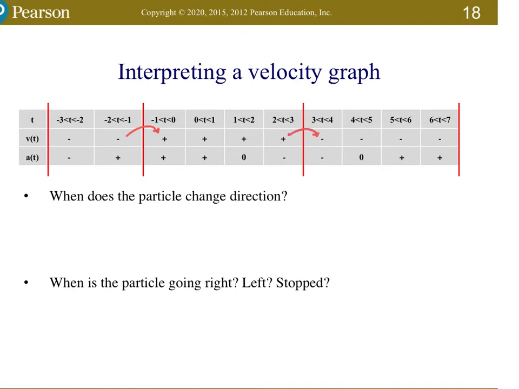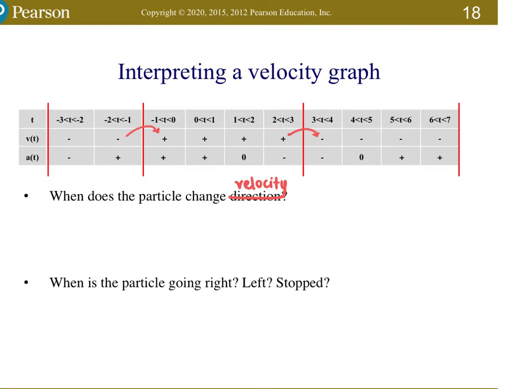And so that's where I've added red lines to my chart to help me see that it is definitely changing direction. Okay, the direction is always connected to the velocity. So you could cross out the word direction here, and you could do change velocity. That is the same question.